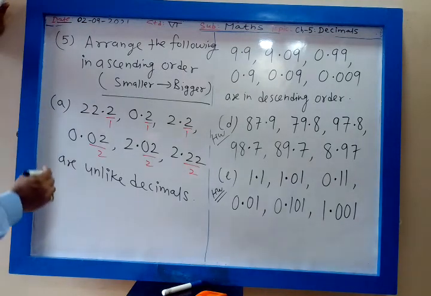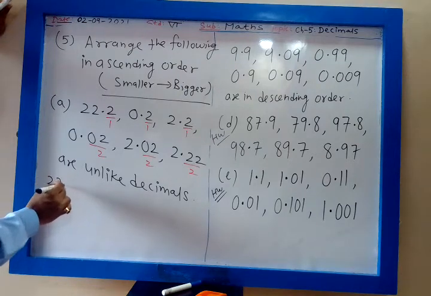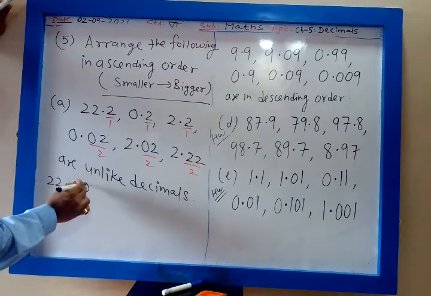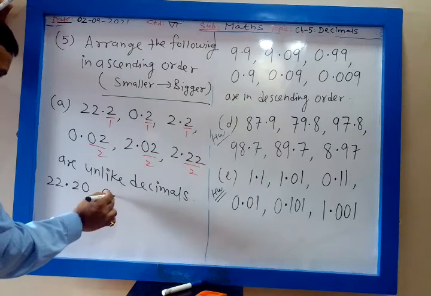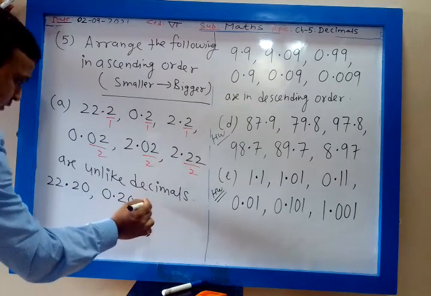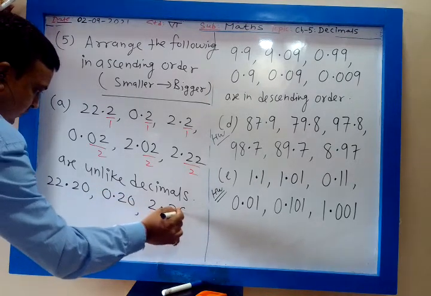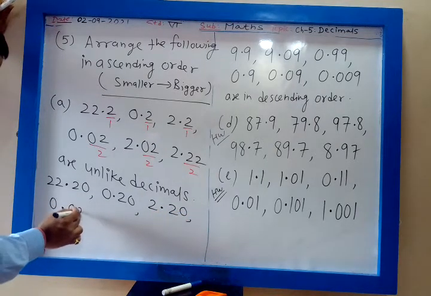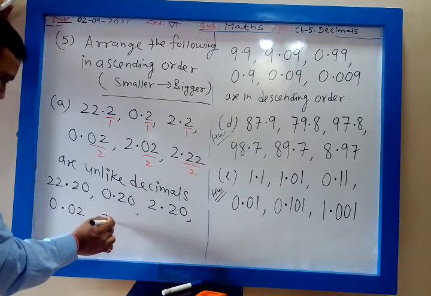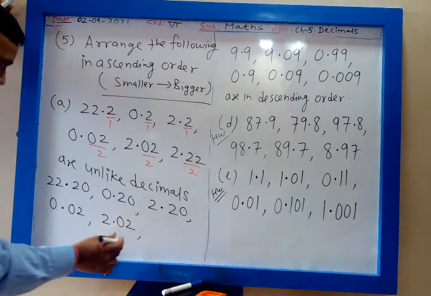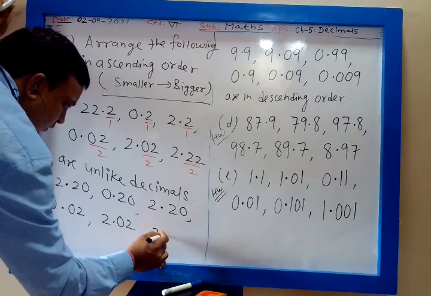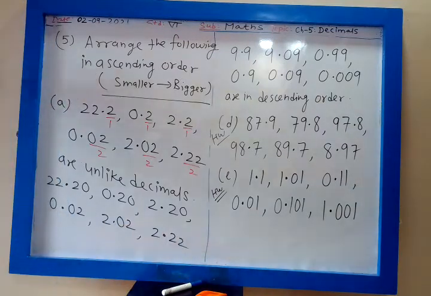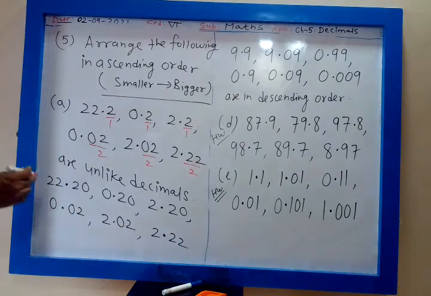So you will write 22.20, then 0.20, then 2.20, then 0.02, okay, then 2.02, then 2.22.